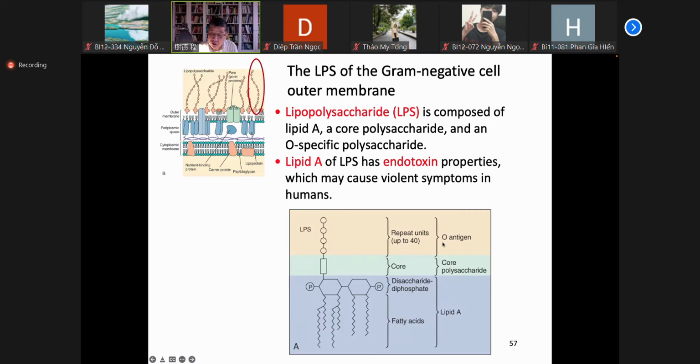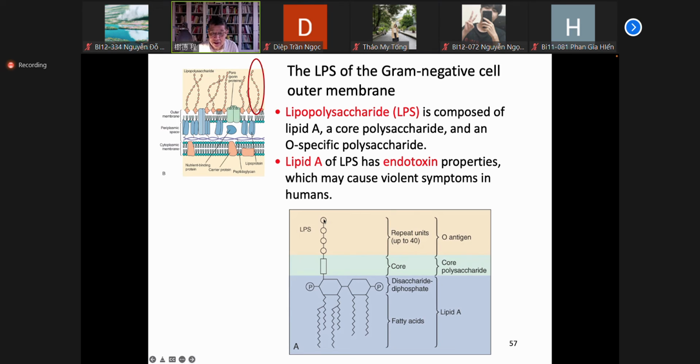O is from German, it's the body antigen. The cell body antigen is called the O antigen. And then there is this core. The core is an invariant unit, but the O antigen is variable in length.